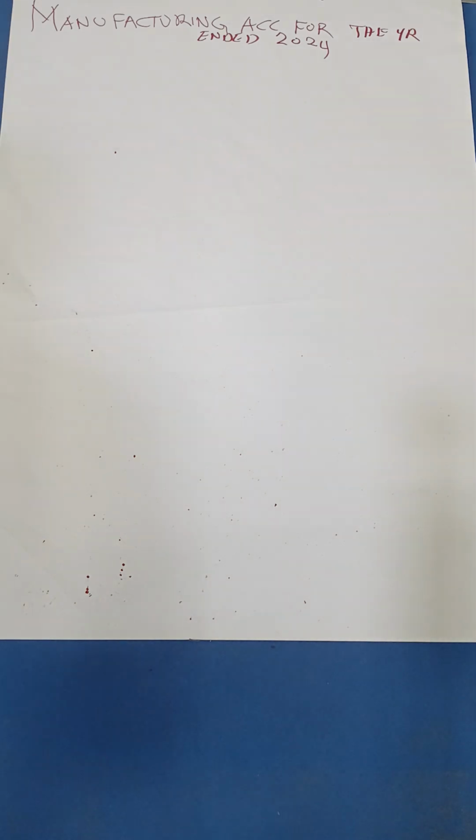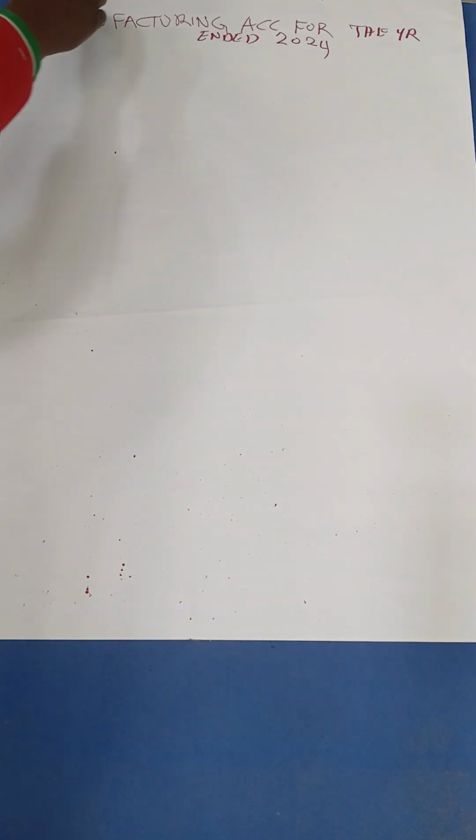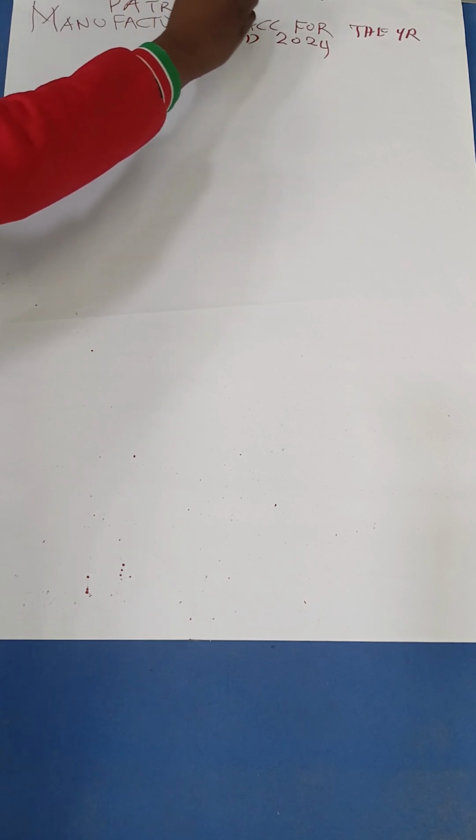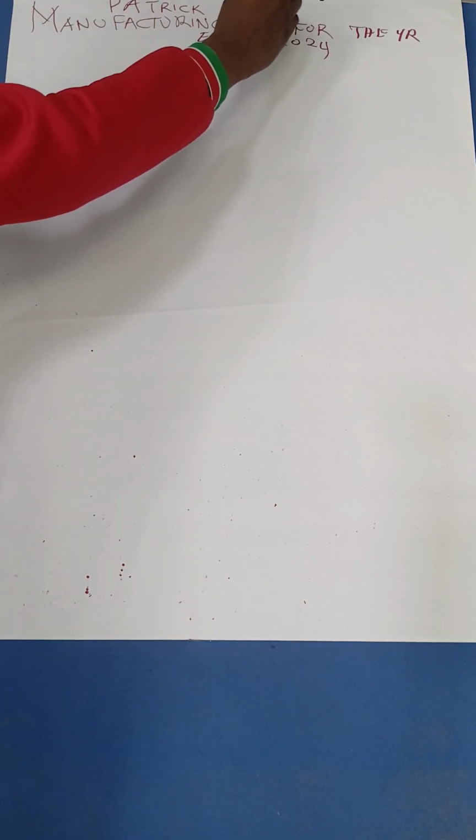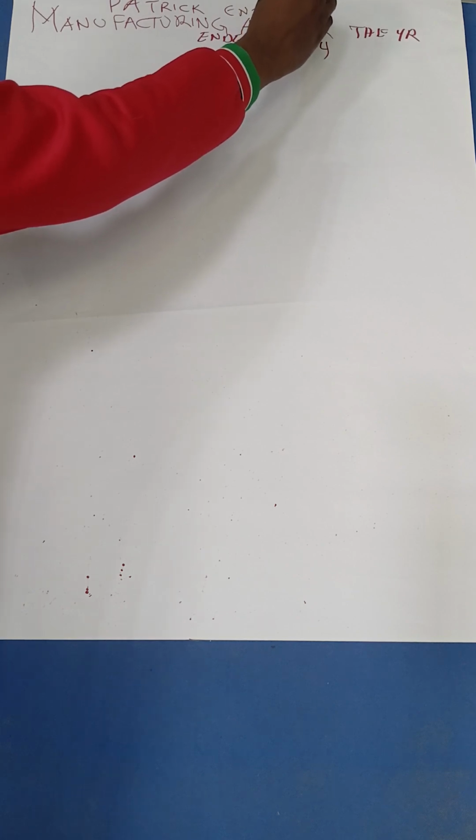So that is the first thing you have to do. You have to mention the title. Manufacturing account, let's say maybe you are preparing Patrick Enterprise. Let me use my name. Patrick Enterprise manufacturing account for the year ended 2024.